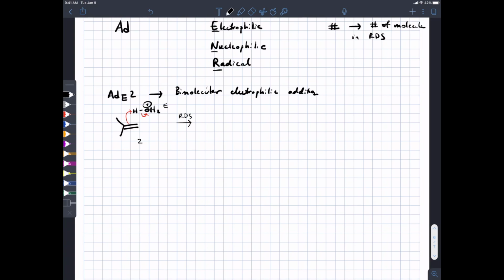And it's an addition reaction because by the time you're done, water adds to the carbocation at the more substituted center, and then in a final step you regenerate your acid, which means this is acid catalyzed alkene hydration.